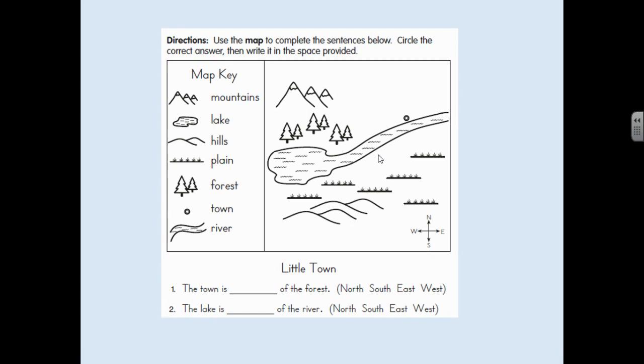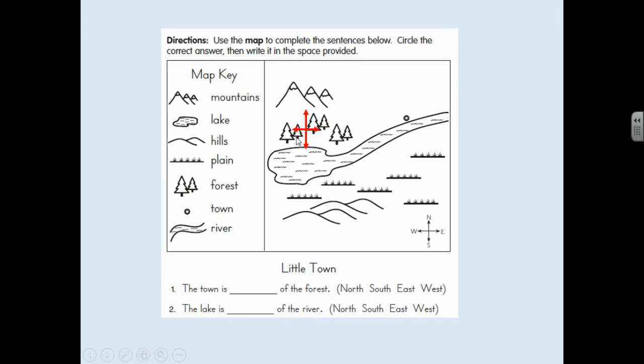Right, so the town, is it north, south, east, or west of the forest? Now, because it's of the forest, we need to look at the forest area. To make my life a bit easier, what I've done is I've drawn a compass, just the arrows here, just to show me where north, south, east, west is of the forest.